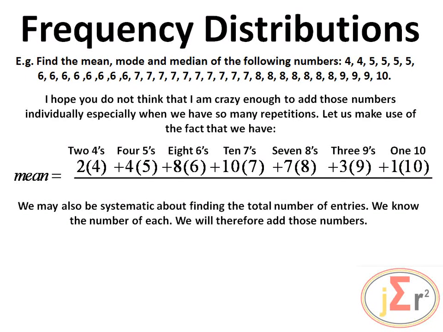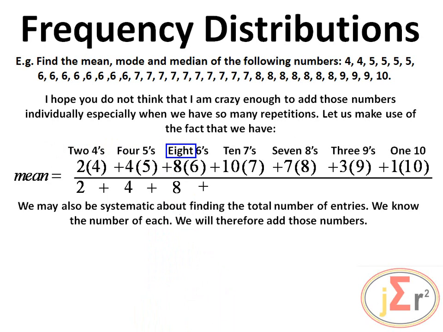Now we know already that we have what? 2 4s. So we know that we have 2 entries for that. And we know that we have how many 5s? 4 5s. So we're going to have 4 entries for that also. And the number of entries contributed by the 6s. How many 6s do we have? 8.